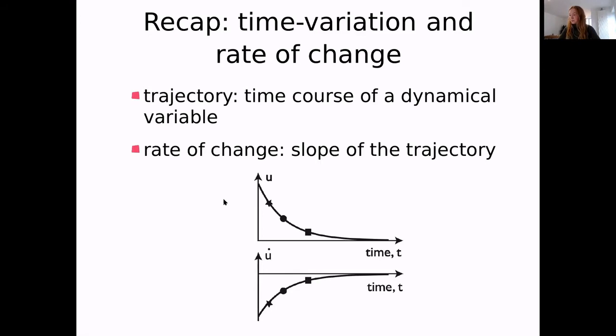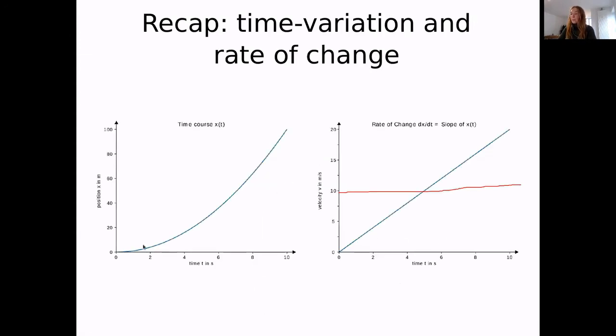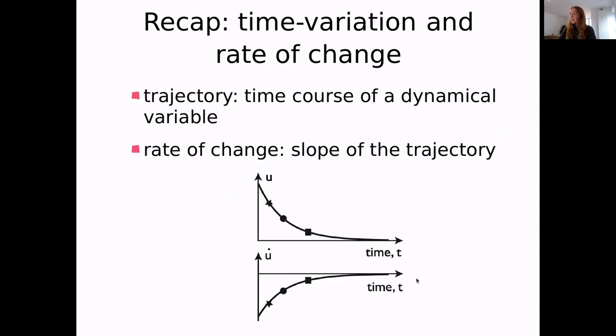So we have the trajectory of the state, which is now called U, and how it varies over time. And now it's not increasing like in this example, but decreasing over time. And this is why our derivative now is negative, right? So the state always decreases, so we have a negative derivative over time.